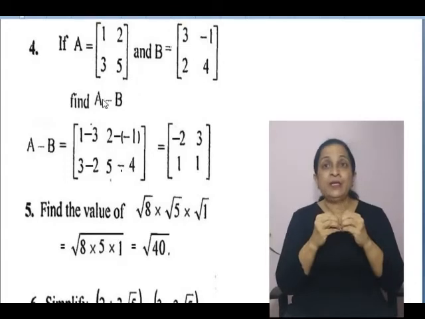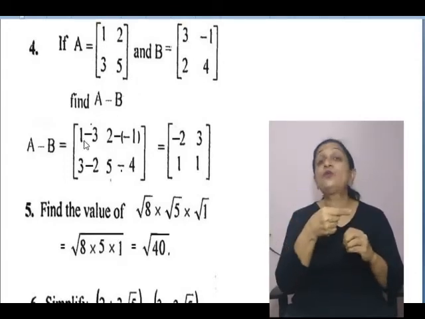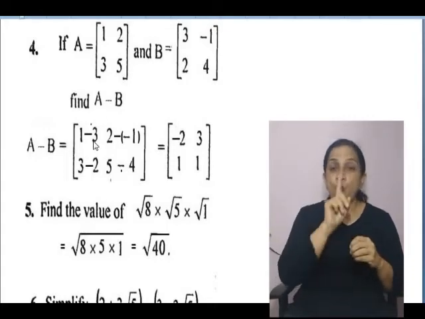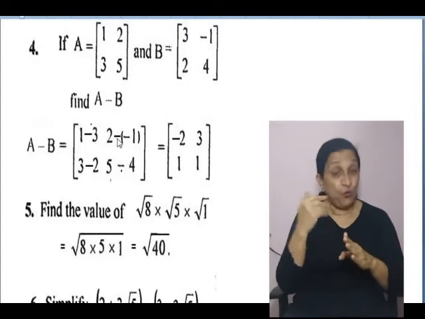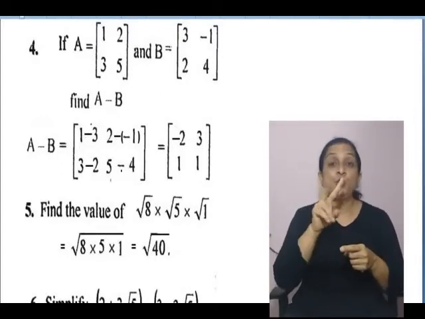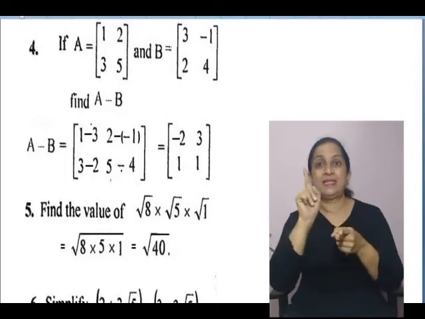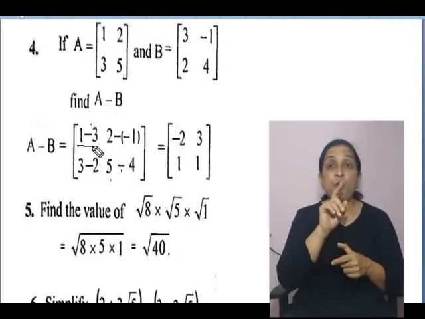Earlier we did A plus B, here it is A minus B, as I told you. You subtract this from this, that is 1 minus 3. Be very, very careful, make sure we put the minus sign. If there is a minus, then you put a bracket. 1 minus 3 is over here.